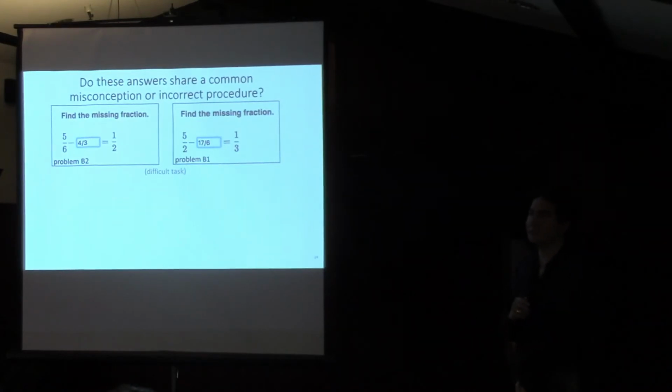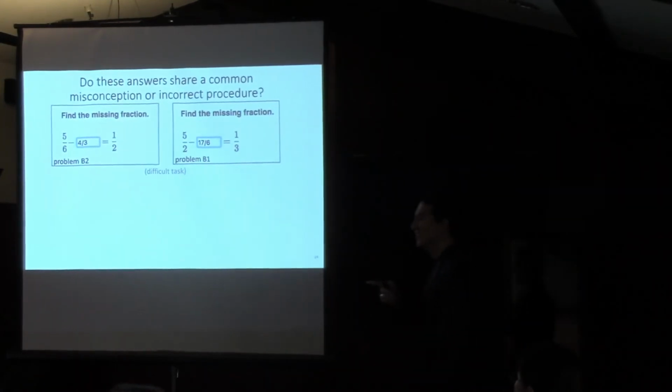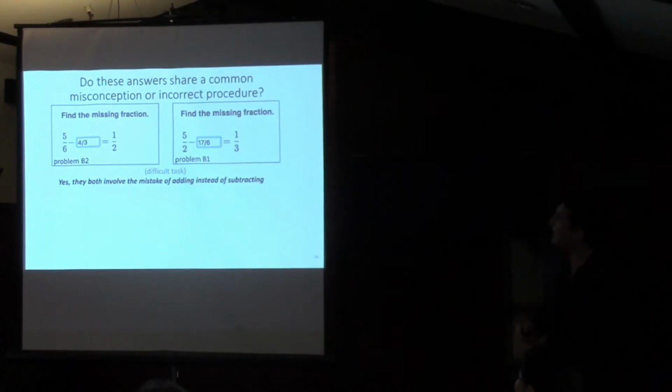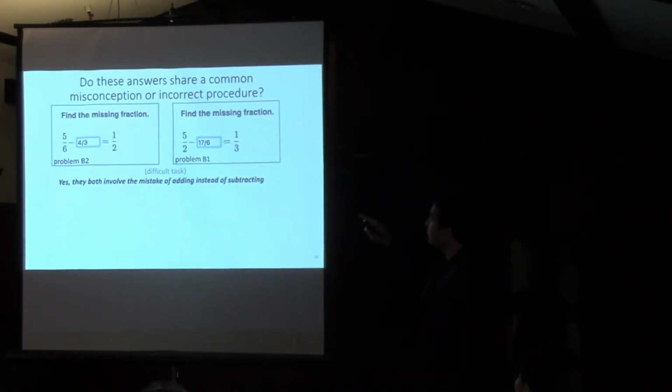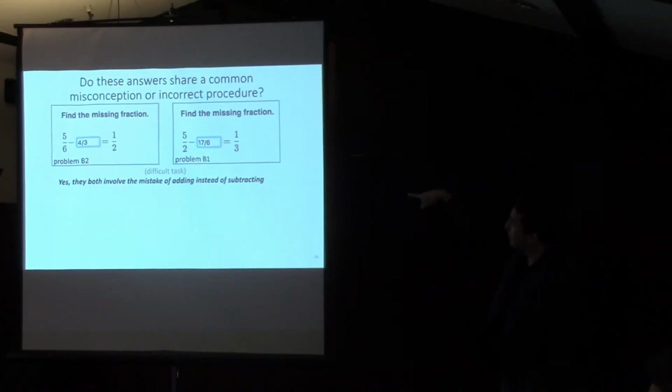Anyone want to take a guess? Yes. Okay, so yes, they both involve the mistake of adding instead of subtracting, right? So it's 1/3 now plus 5/2 to fill in the value in the box. 1/2 plus 5/6 to fill in the value in the box, right? So they don't subtract.